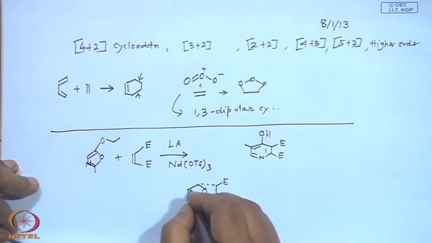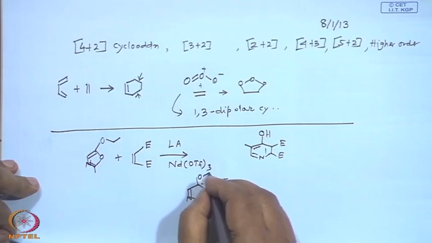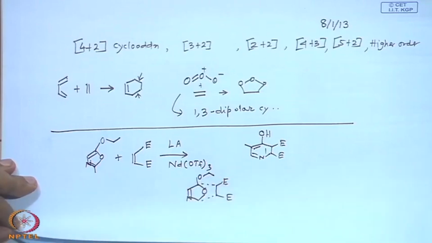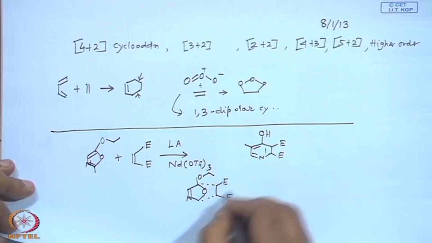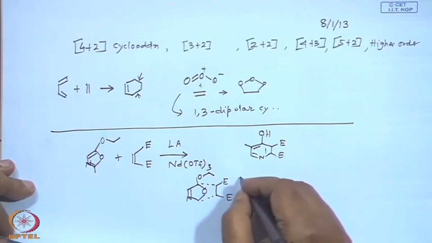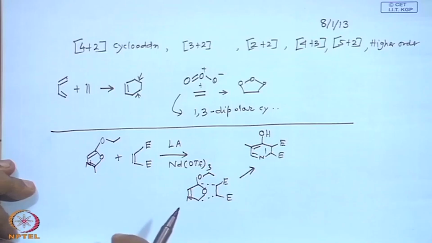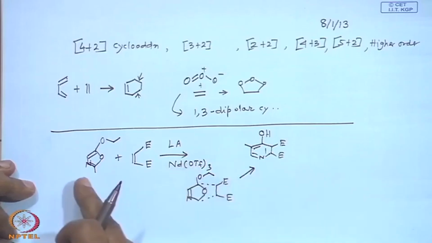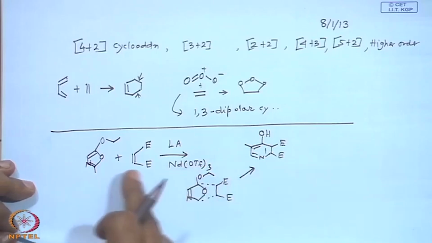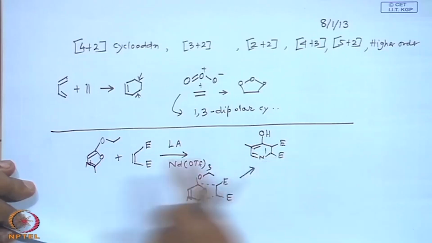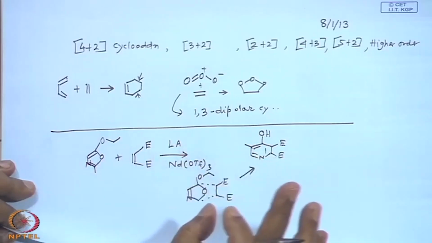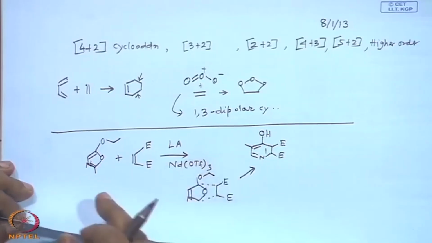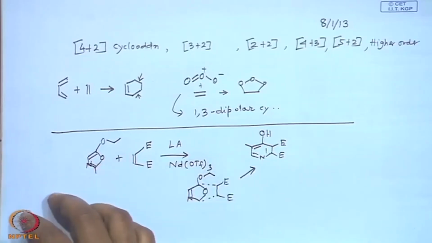Okay. Then you have to reorganize the electrons. Then the rest of the things remain as they are, and you have this ethyl group here, and then you can go on and do this sort of rearrangement eventually. So, it is a case of a heterocycle being used for the construction of a heterocycle. Actually, it shows the dual purposes of heterocycles, cycloadditions in heterocyclic chemistry.